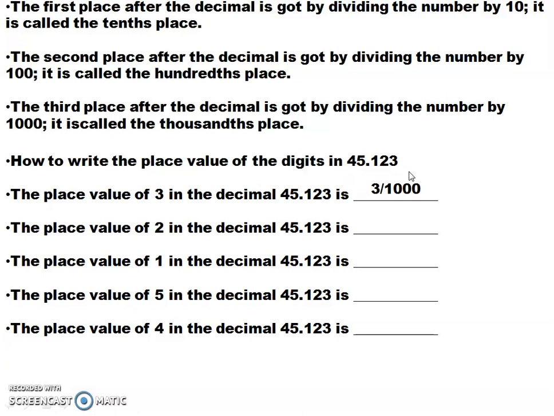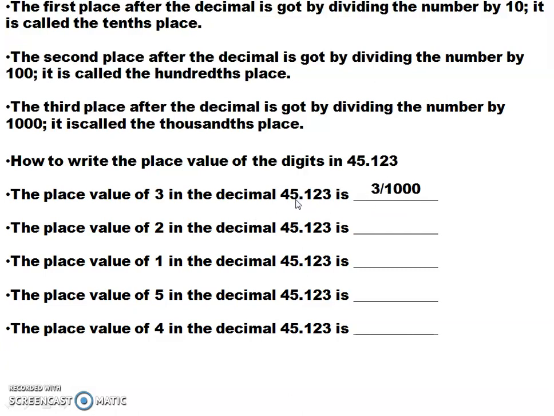45.123. Students, see how I read this. 45.123. The first one is shown to you. The place value of 3 in the decimal 45.123 is 3 by 1000.